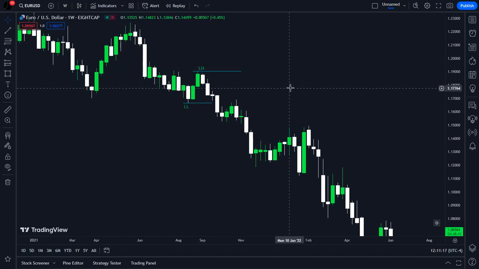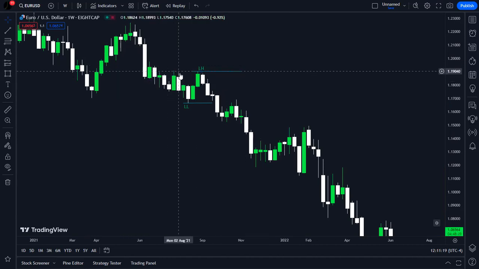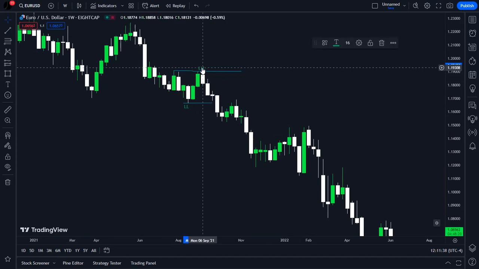So the previous lower high is up here. The current dealing range is between these. Let's mark the previous lower high. This is the previous lower high. So lower high, lower low, lower high, lower low. This is the previous lower high.